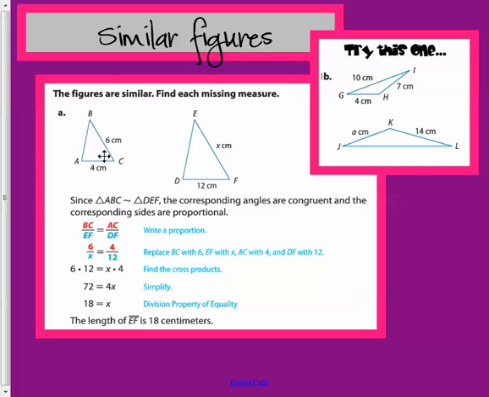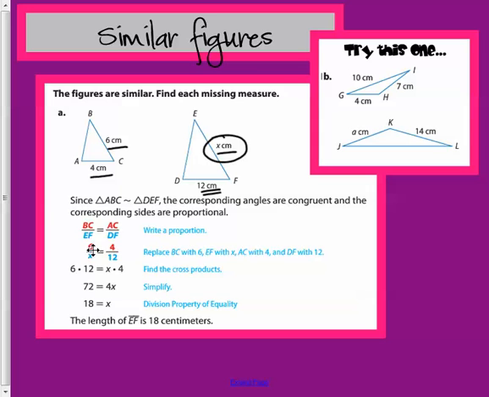For example, if I wanted to know the side length for EF, all I have to do is set up a proportion. So I know that 6 is the same spot as the x. So BC and EF should be similar side lengths, and then AC with DF should be similar.